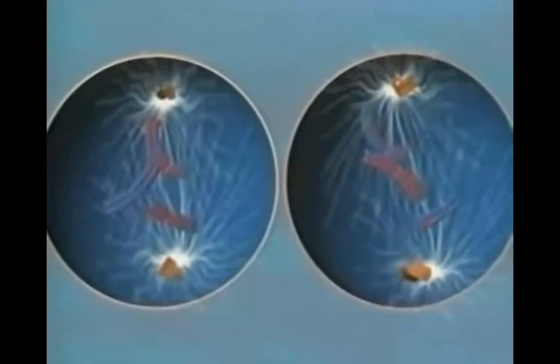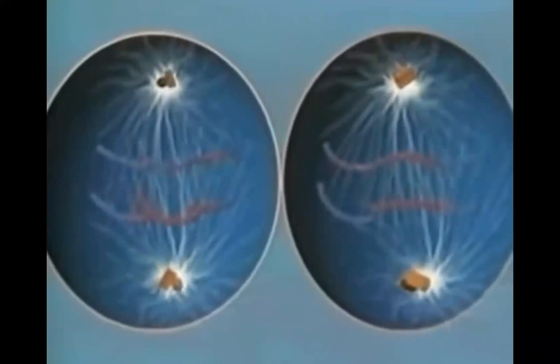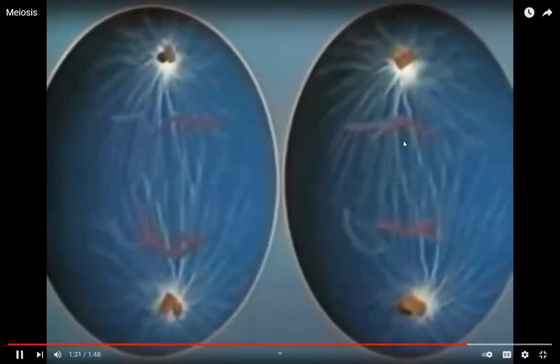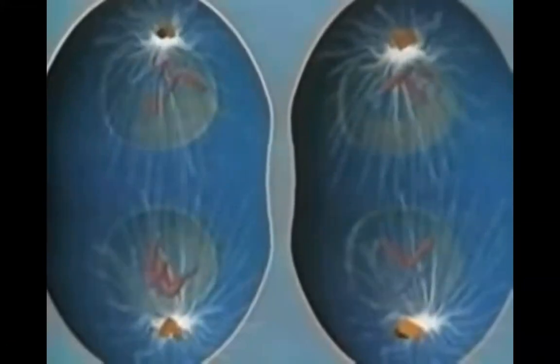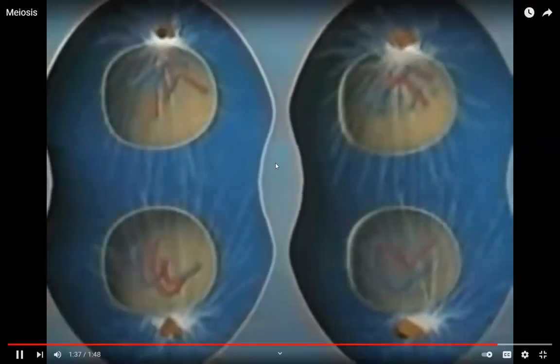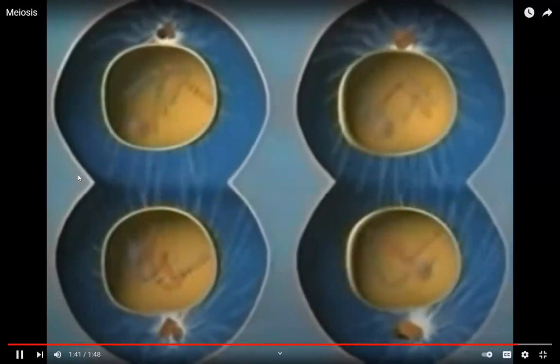The second division produces 4 unique sets of chromosomes. Metaphase 2, now anaphase 2. Because they carry half the genetic information, we call these haploid cells. And here comes telophase 2, and we're going to end up with 1, 2, 3, 4. Many of them will join the cells, sperm and eggs, the reproductive cells called gametes.